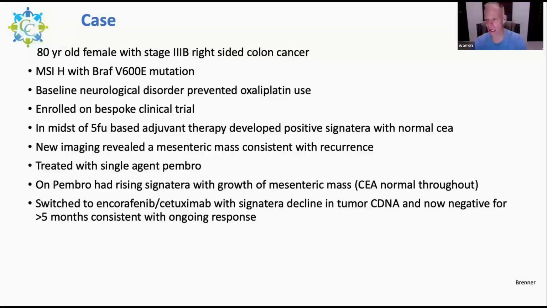helpful as well. And I don't know if there's any data on what happens with a test like Signatera if there's pseudoprogression. Yeah, there is no data.